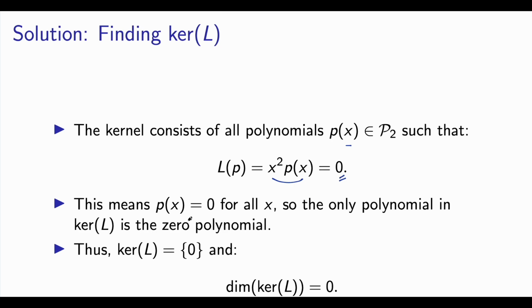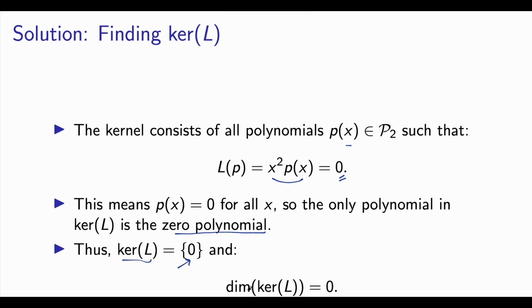This means the only possibility for this to be zero is either P(x) is zero for all x or x equals zero, right? So the only polynomial in the kernel is the zero polynomial. Thus, the kernel consists of the zero vector.